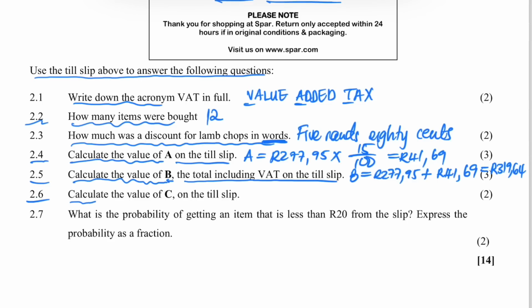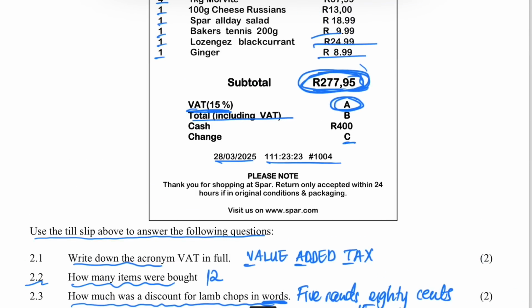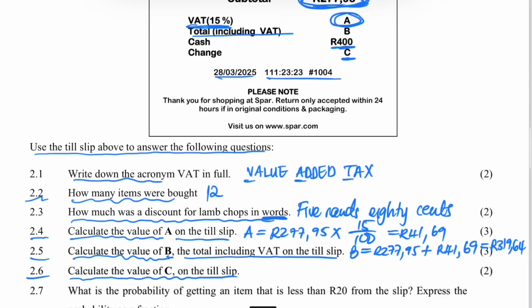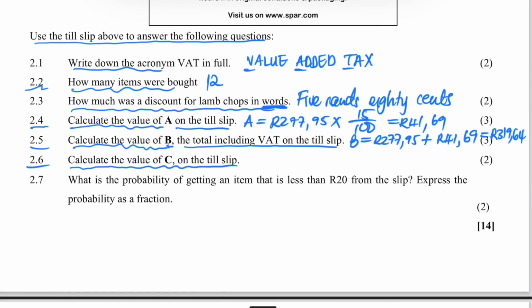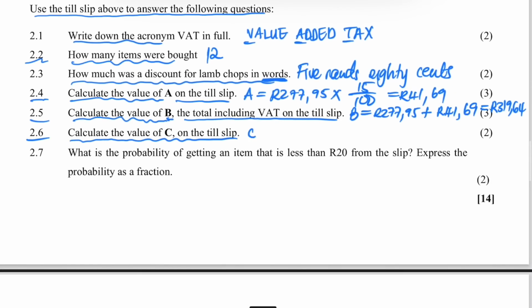Now it says in 2.6, calculate the value of C. What is the value of C? It is the change. He used the 400 rand, so we wanted the value of C there. The value of C there is the change, guys. So C is the change. So we take the 400 and we minus the value of B, which is the money that includes the VAT, the total that includes the VAT.